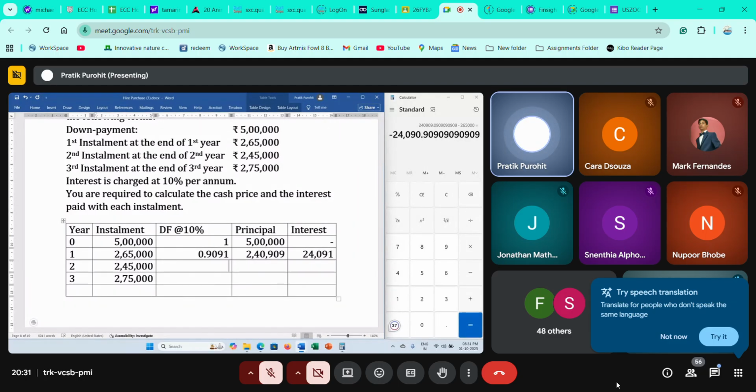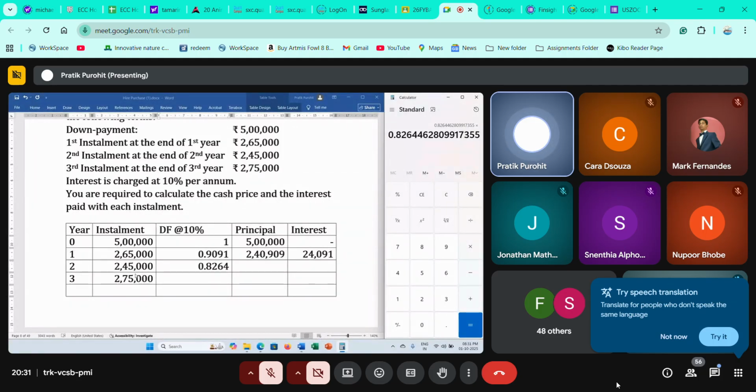Then for the second year, discounting factor: resetting the calculator, 1 divided by 1.1, first year, again equal to, second year. The value is 0.8264. Multiply this by the installment at the end of the second year, 2 lakh 45.